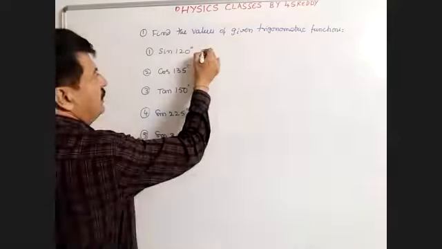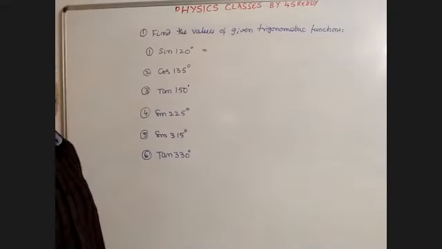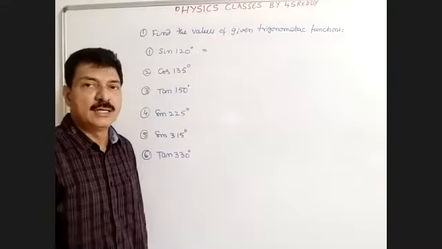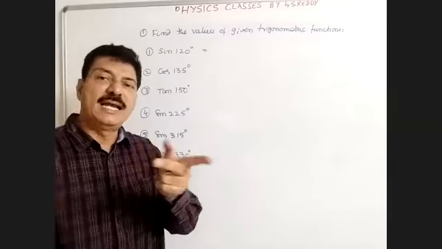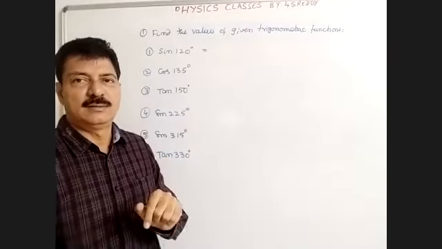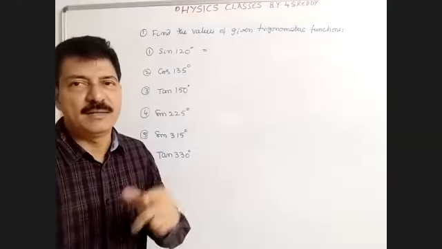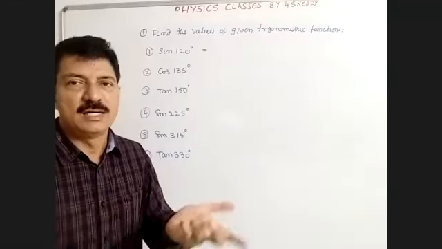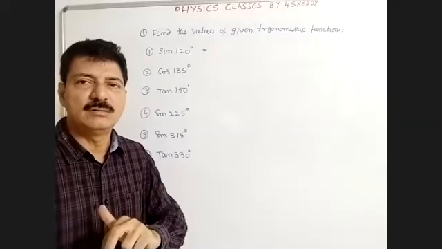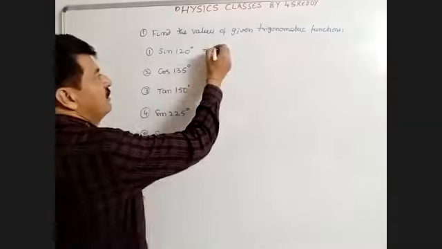First of all, if you can observe this sin 120, how can you write this sin 120? There are two ways. Sin 90 plus 30 or sin 180 minus 60. Both are same. 180 minus 60, 120. 90 plus 30 also 120. Whichever you like, you can write.